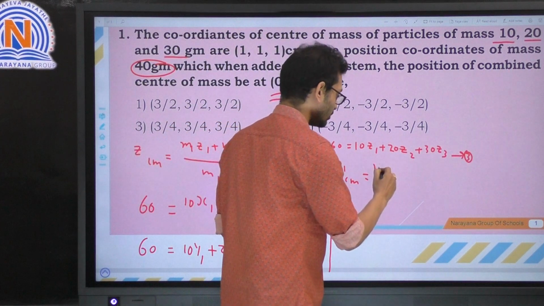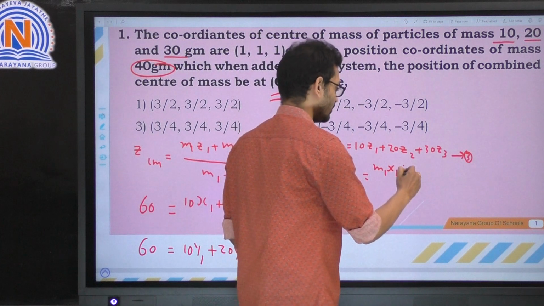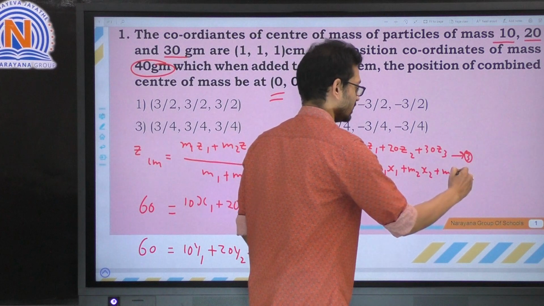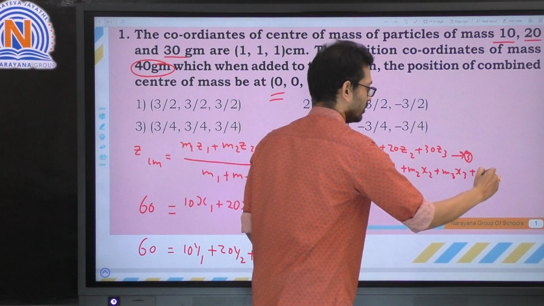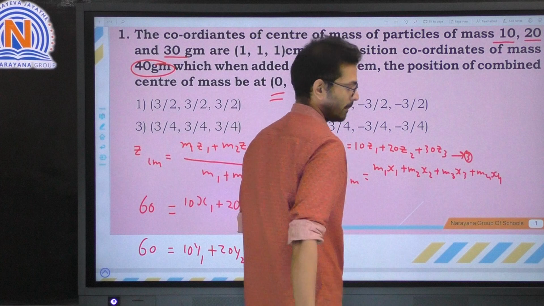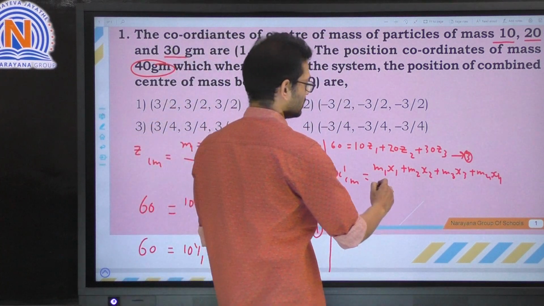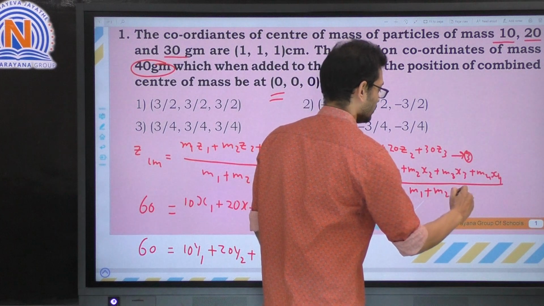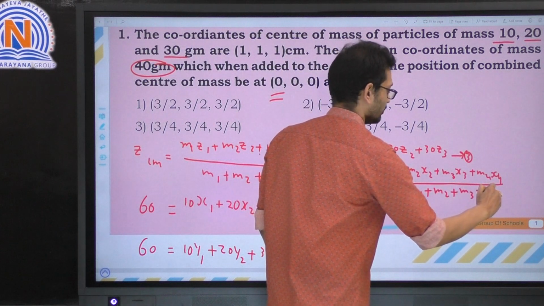Now the formula is going to be m1 x1 plus m2 x2 plus m3 x3 plus m4 x4, divided by m1 plus m2 plus m3 plus m4.